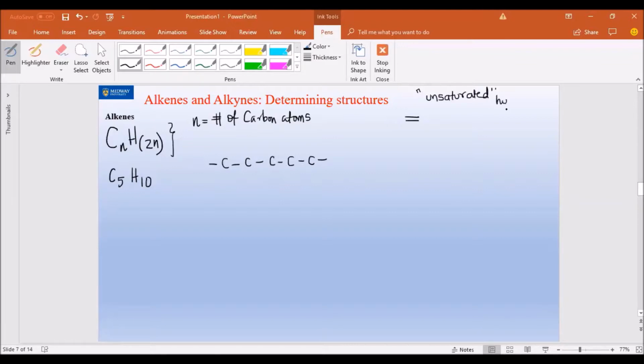I've already made that very clear. Unsaturated means there's a double bond between carbon and carbon. It is not automatically unsaturated because the compound contains a double bond. No, the double bond must exist between carbon and carbon. Now that's for alkenes.